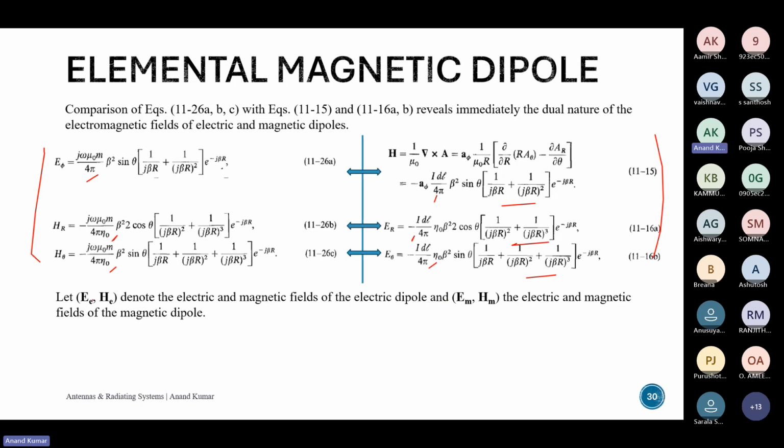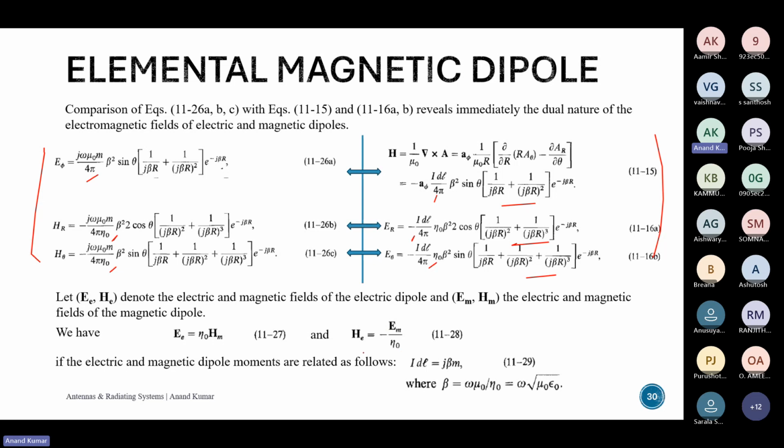Now, if you define the electric and magnetic field for the electric dipole and magnetic dipole using E and H, we can write these following expressions. E is equal to eta naught H_m, where this eta naught is again the impedance of the media or free space. And over here also we can find the magnetic field for the electric dipole, which is related to the electric field of the magnetic dipole. To write these expressions, the source terms are also related.